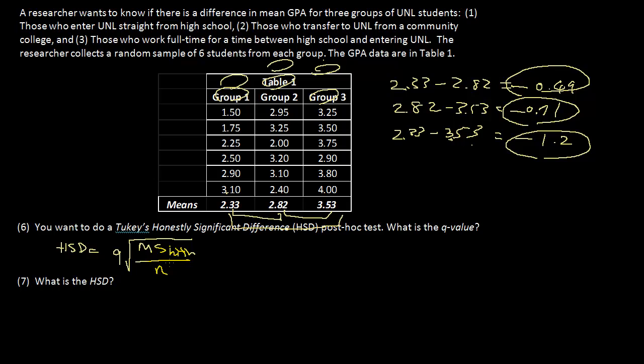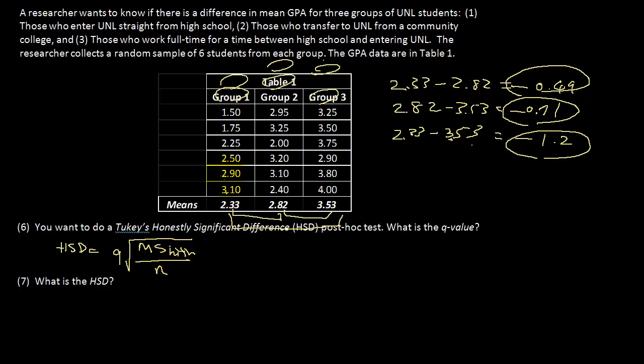When you say n, it's not the capital N, so it's not the total number of scores in the whole three groups together. In this case, each group has only 5 scores, so whichever group you take the number from doesn't matter. But sometimes group 1, group 2, group 3 might have different numbers of samples. Then it's going to be a problem. In that case, just get the smallest number.